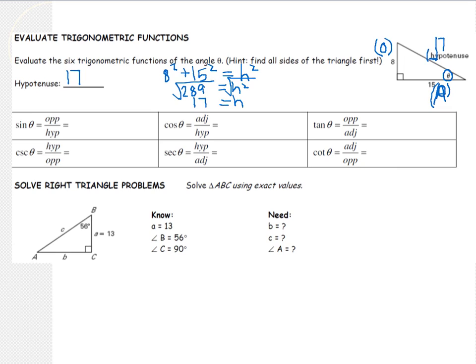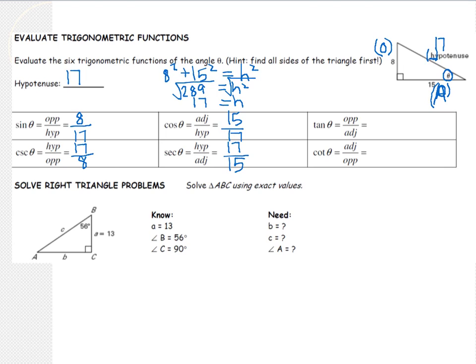So sine is opposite over hypotenuse, so that's 8 over 17. Cosecant is then going to be the reciprocal there, 17 over 8. Cosine is adjacent over hypotenuse, so that's 15 over 17. So secant is then, if we flip those around, do the reciprocal, that's 17 over 15.